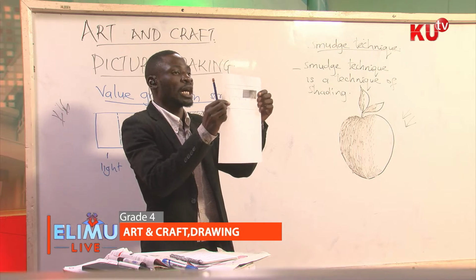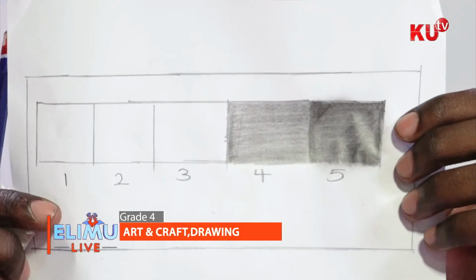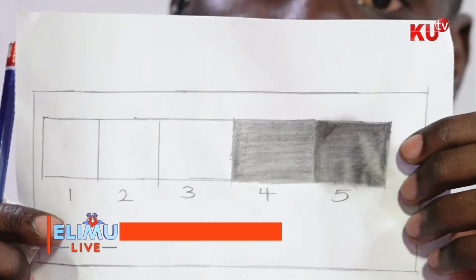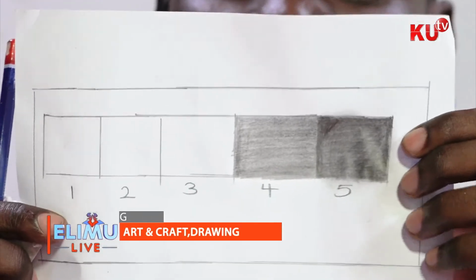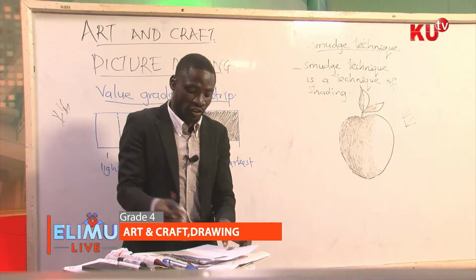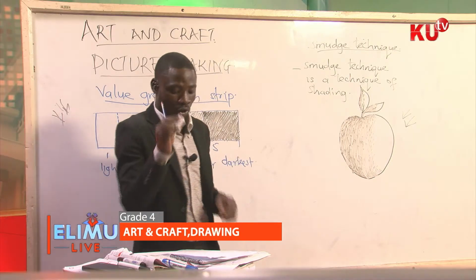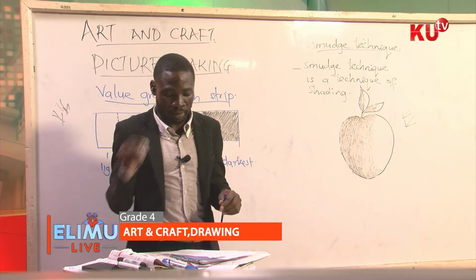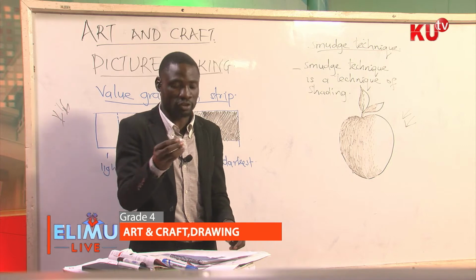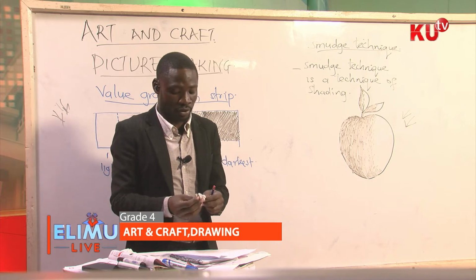As you can see, it is now dark, but not darker than the fifth one. The fifth one is the darkest. This one is darker. I said that we should use a piece of paper or cloth that is soft. This one is a tissue paper.